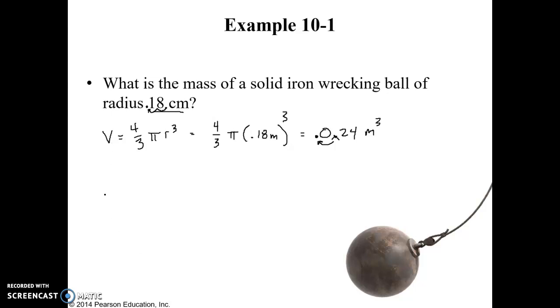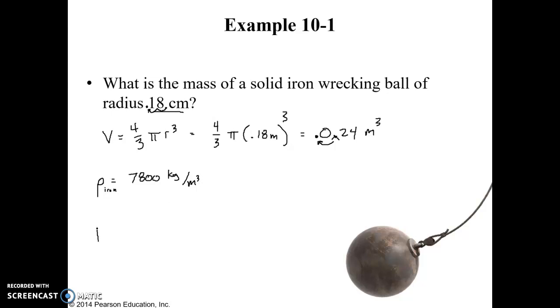How are we going to find the mass? Well, the density is, again, something that we can look up. We're dealing with solid iron here. If you look up table 10.1 of your textbook, you'll see that the density of iron is 7,800 kilograms per cubic meter.